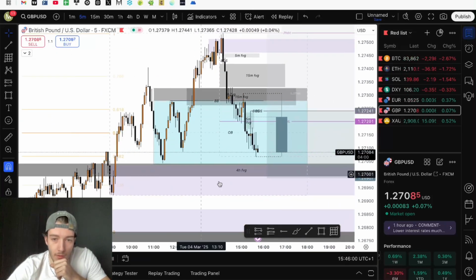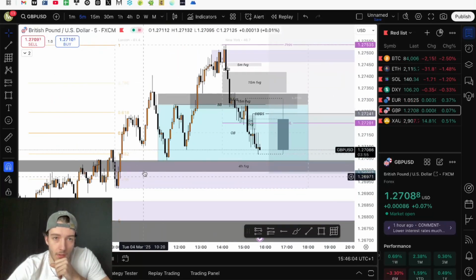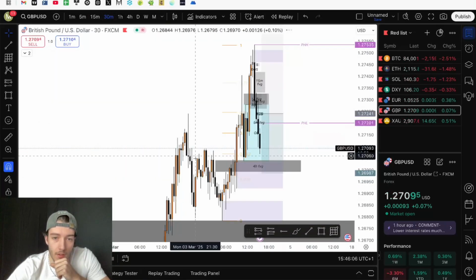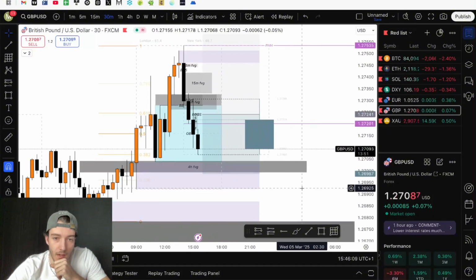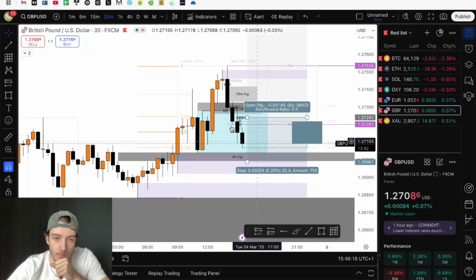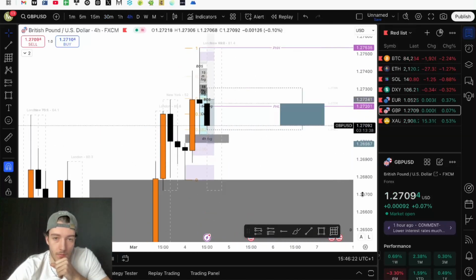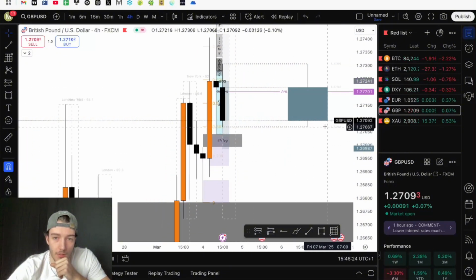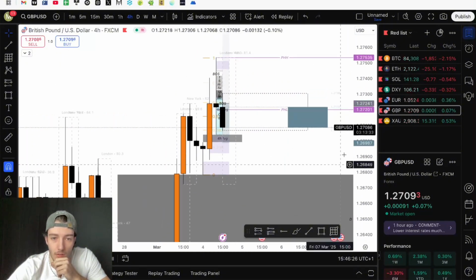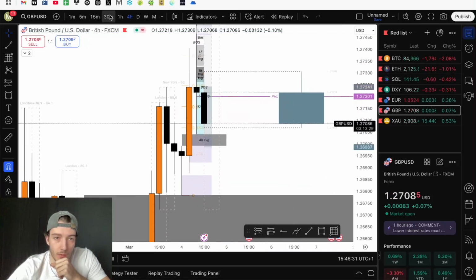If J would tap into this 4-hour gap, that would be very ideal. Tap into also these London lows on the 30-minute, kind of a support level. Sweep this low here, move higher. Yeah, tap into this 4-hour, move higher idea. That's nice. That would be nice.